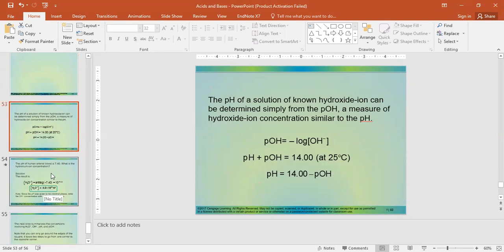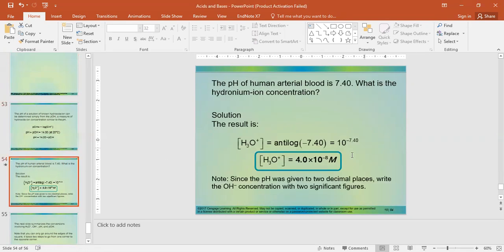Okay, so I explained that this one can also be obtained. The pH of human arterial blood, you are pharmacists now, you need to understand this, is 7.4. What is the hydronium concentration?